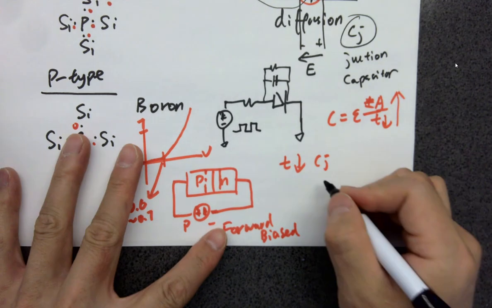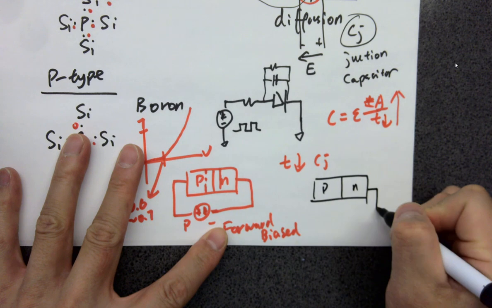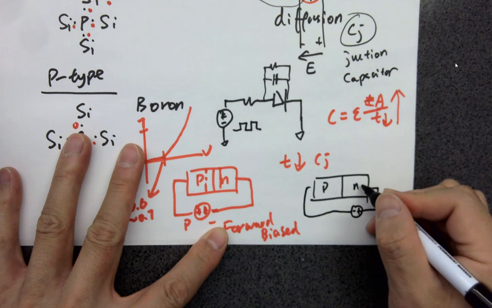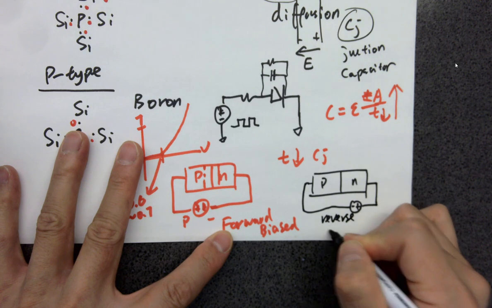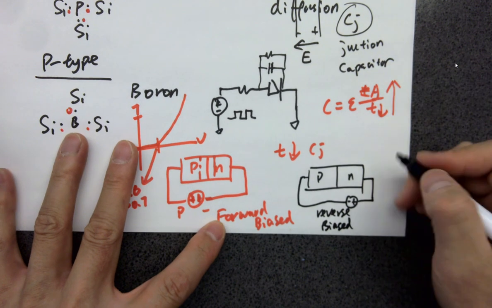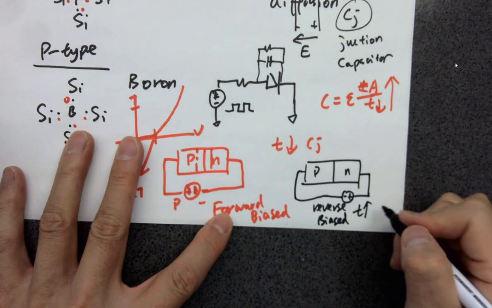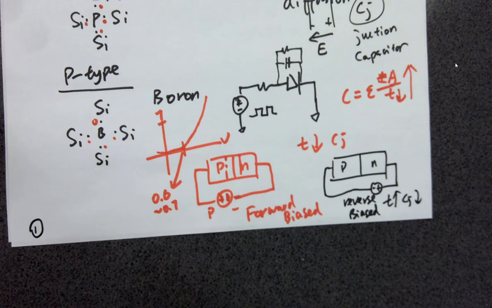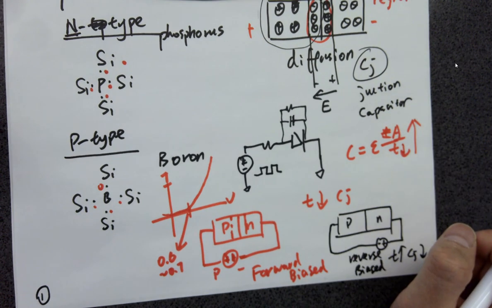And the other way around, if you look at the PN junction and you reverse bias it, because it's P to N, N to P, it's reverse biased, T will be thicker, so the depletion region will be thicker, so Cj will be smaller. Okay? Any questions on this?